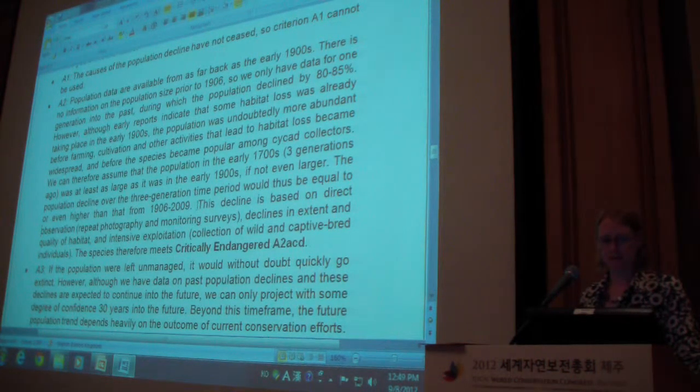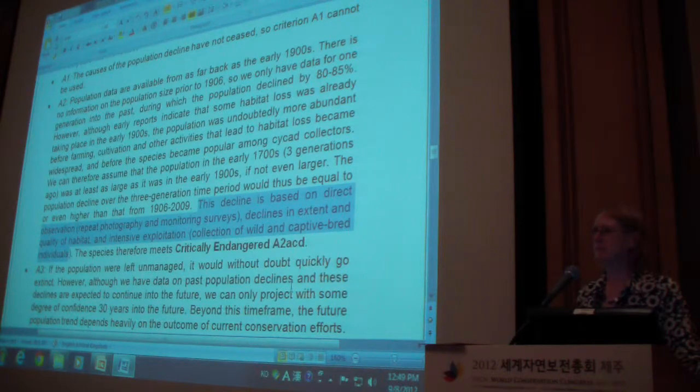These additional subcriteria, A, B, C, D, and E, within criterion A, there are no thresholds related to those. So whichever of those you choose, basically you choose the one that you use to base your assessment on.